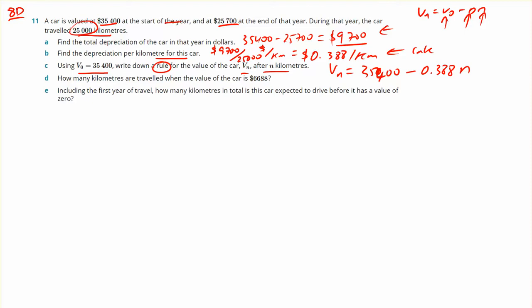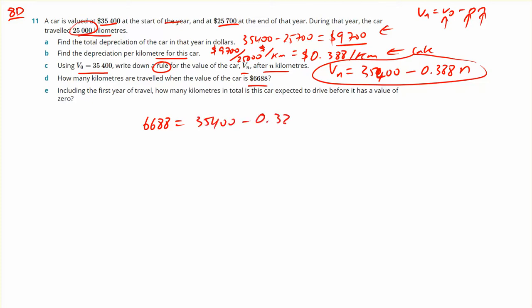How many kilometers have I traveled when the value of the car is 6688? Very simple. I'm using this formula, but substituting 6688 for Vn. So I'm left with 35400 minus 0.388n.